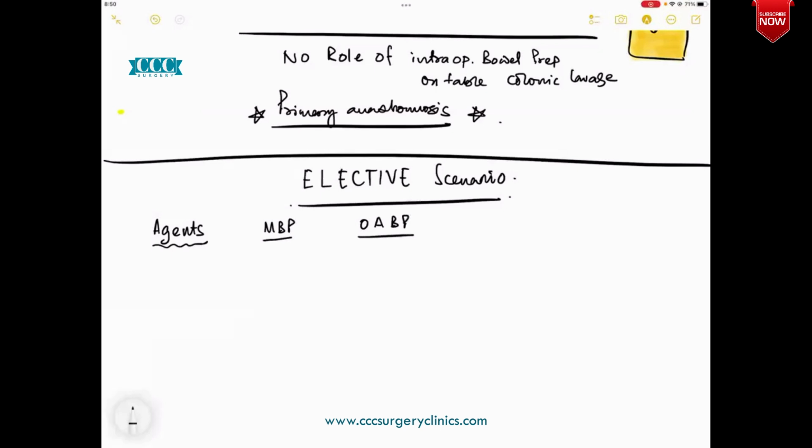So there are two sides: one is mechanical and one is oral antibiotic, because people feel that not only cleansing the bacteria helps, but also adding antibiotics to kill the bacteria is important. So what are the important agents that can be given?